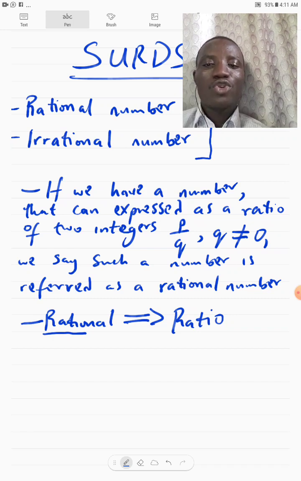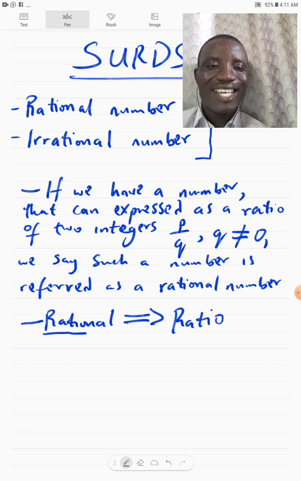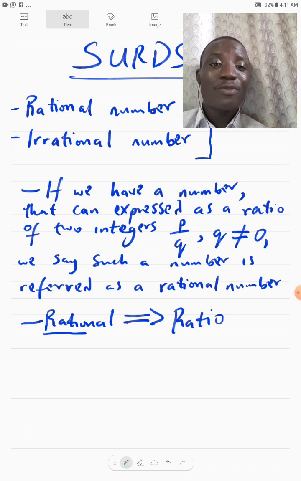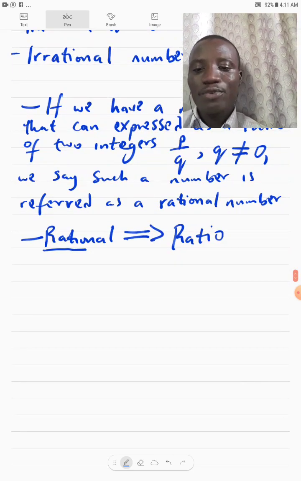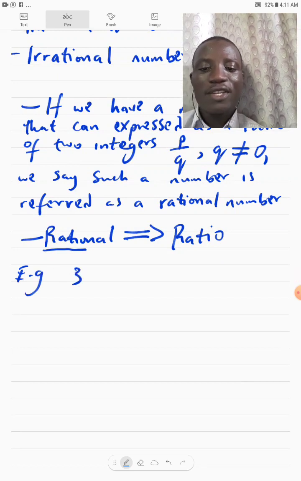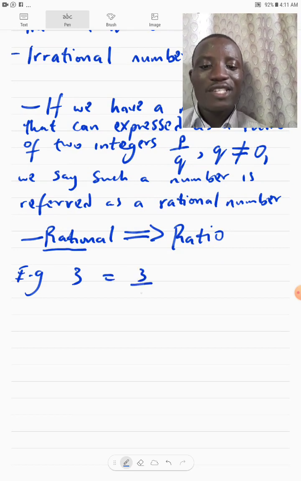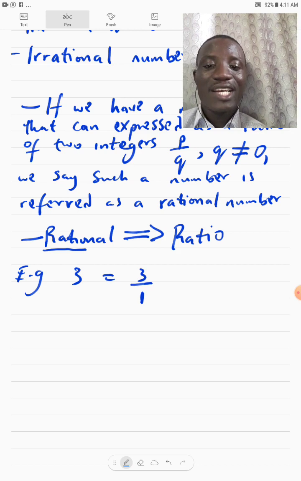Any number that can be expressed as a ratio of two integers, denominator not equal to 0, such a number is called a rational number. Now let's take some examples. What are the examples of rational numbers? 3 is a rational number because 3 can be expressed as a ratio of two integers. That's 3:1, which will definitely still give you your 3 back.